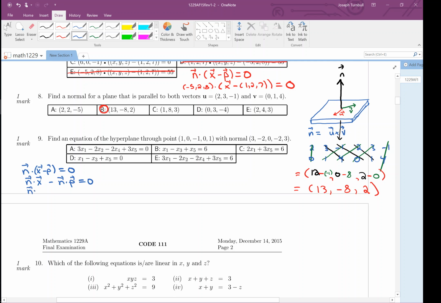So n dot x equals n dot p. So that's a way to rearrange the point normal equation for a plane into standard form equation of a plane. And I write down what n is. Normal vector is 3, negative 2, 0, negative 2, 3. And then our x is x1, x2, x3, x4, x5.